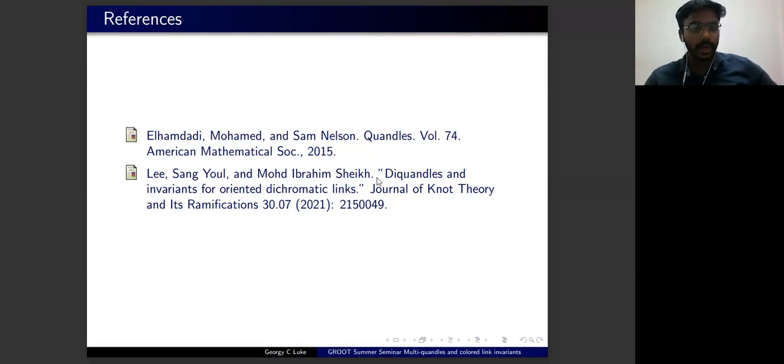The diquandle part is from a recent article that appeared in the Journal of Knot Theory and Its Ramifications. The K-quandle part is the work I have done, and I'm elaborating a little more on that, which is not ready yet. That's all. I think I'm on time.